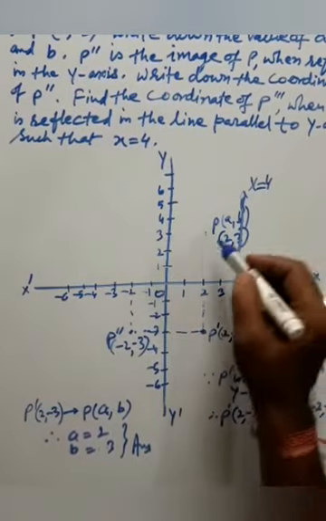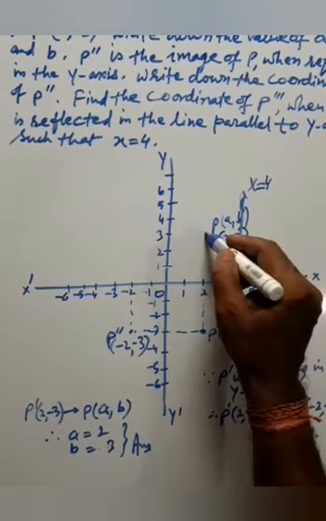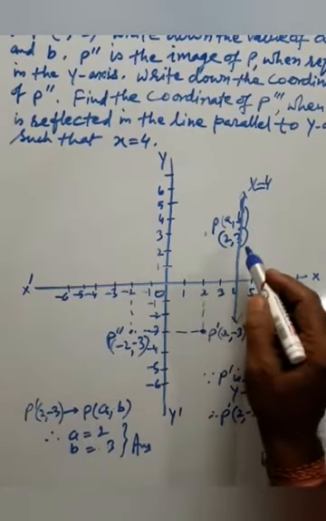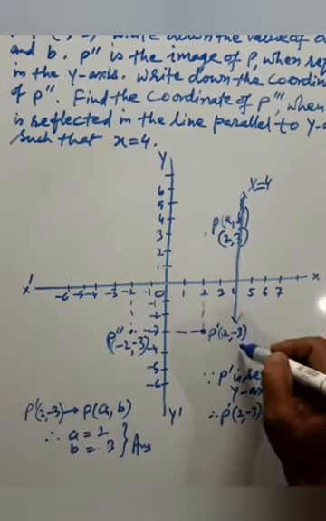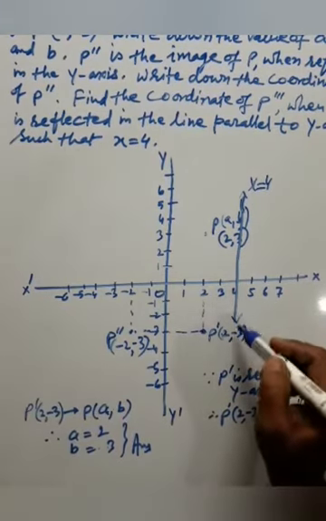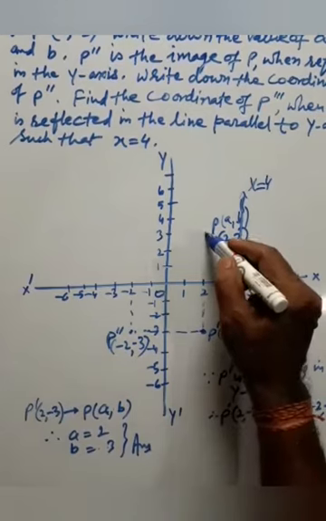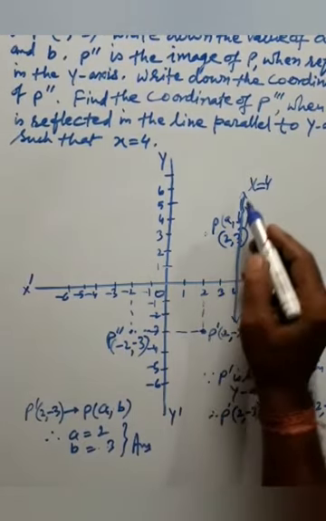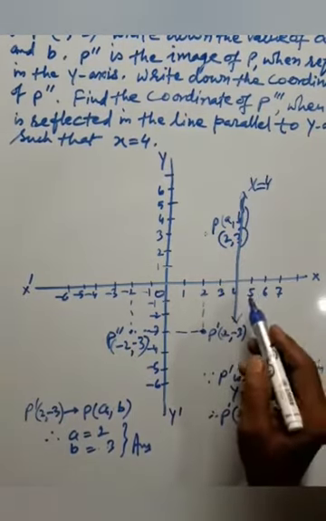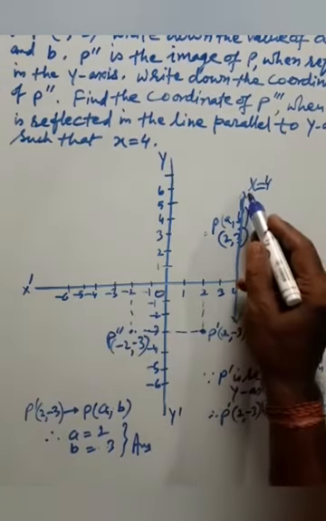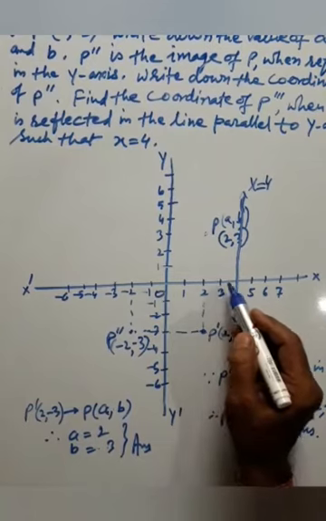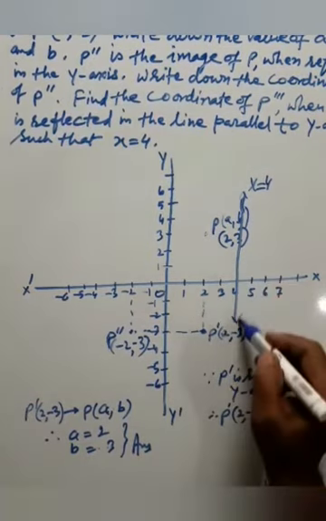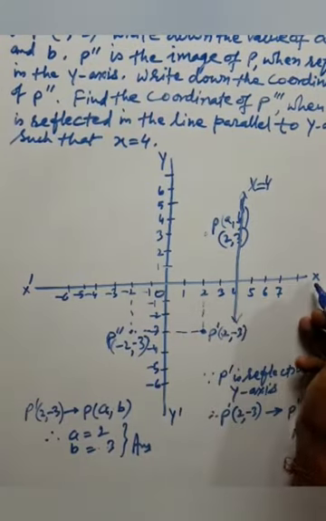So for reflecting P, the mirror will be x equal to 4. This line parallel to y axis will be the mirror for it, and the image of P will be just behind the x equal to 4. So what is the position? Just see, this mirror x equal to 4 is how far from P? 1 and 2 divisions. So from x equal to 4 you have to go 2 divisions to the right side.